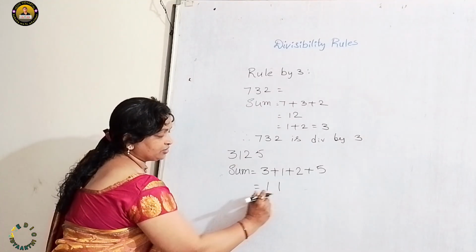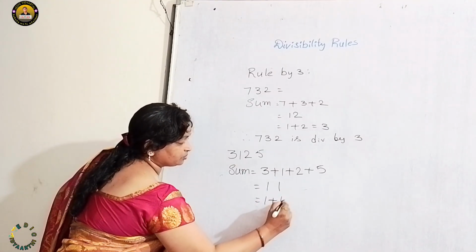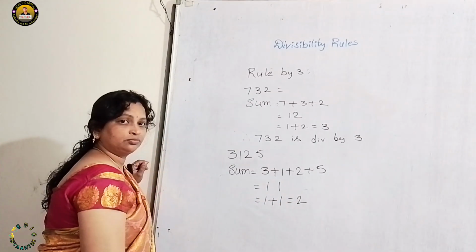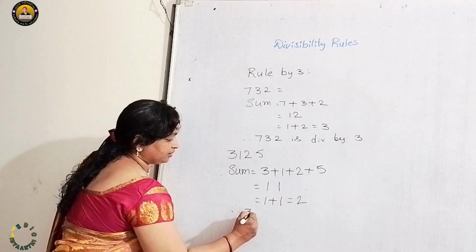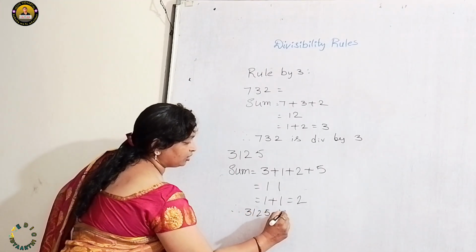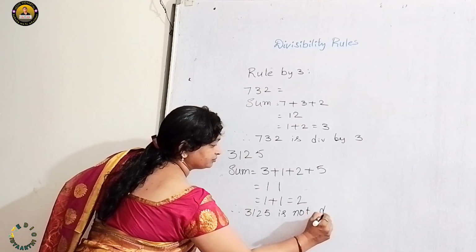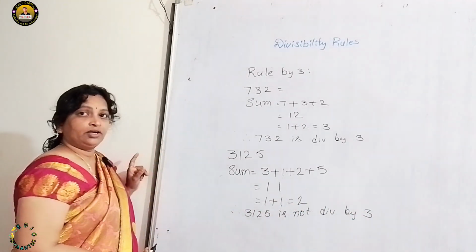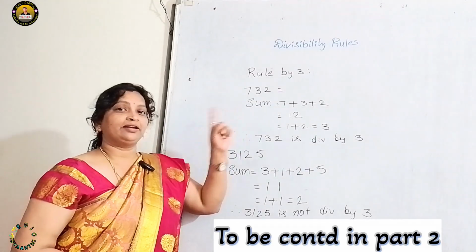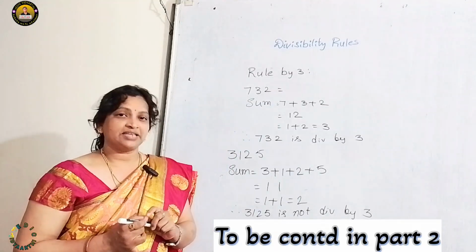Again here 2 digits, so simply I am adding 1 plus 1. The value is 2. Here 2 is not a multiple of 3. So 3125 is not divisible by 3. The divisibility rule by 3 and 9 both are the same. Same way we need to do.